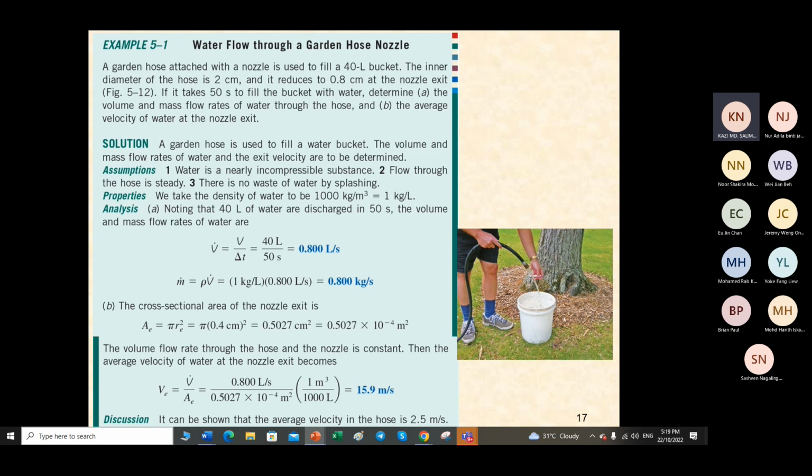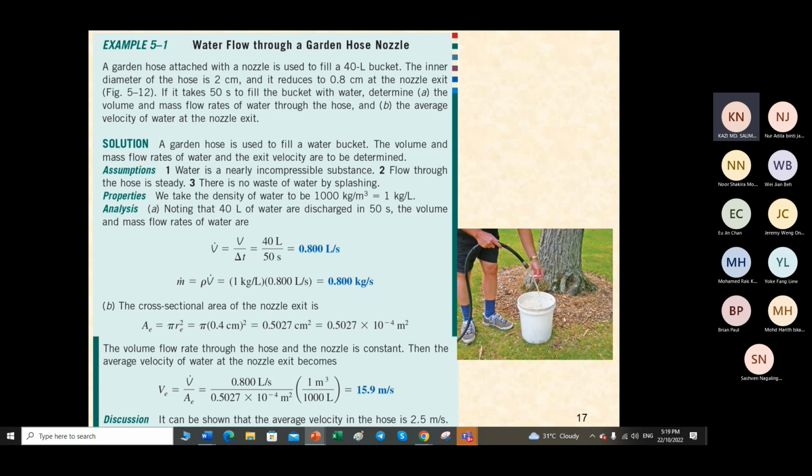AE is pi RE squared, and Ac is the hose cross-sectional area, 0.52. Then VE is V dot by AE, and we get 15.9 meters per second.